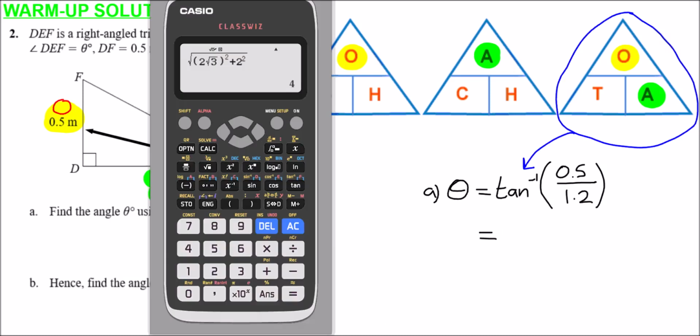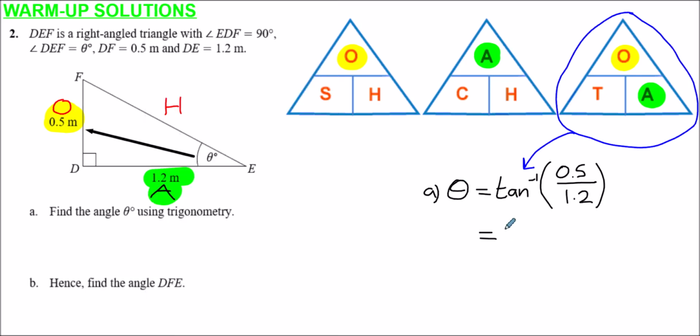So again, we can just use our calculator to do this for us. So shift tan to get the tan minus 1, 0.5 over 1.2. And we get for this to 3 sig figs, 22.6 degrees. So that's our answer for part A.